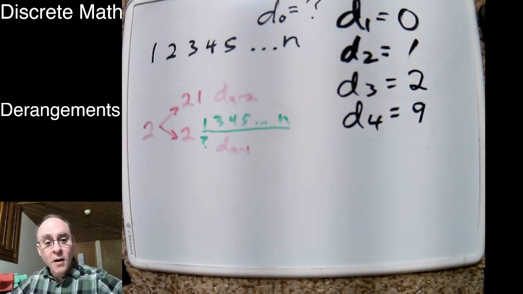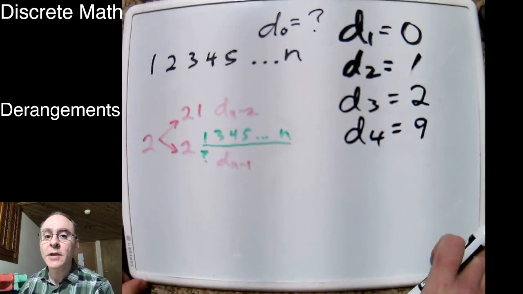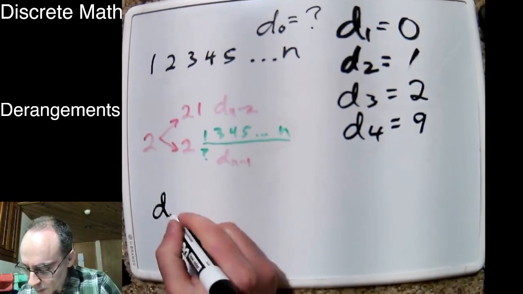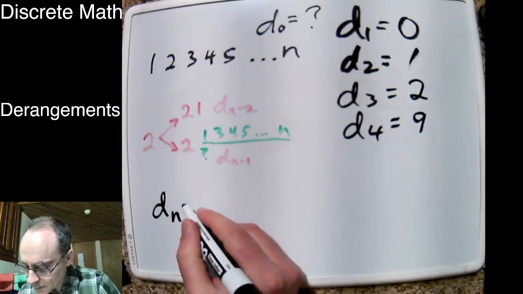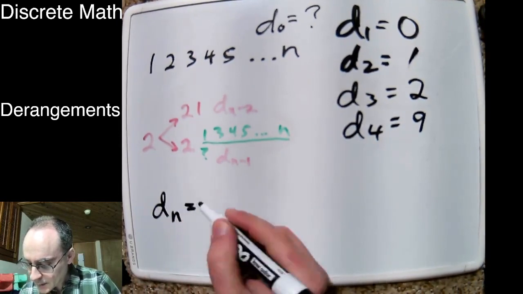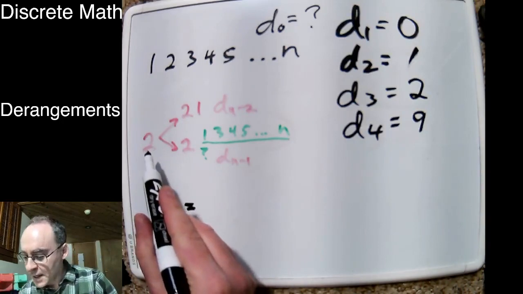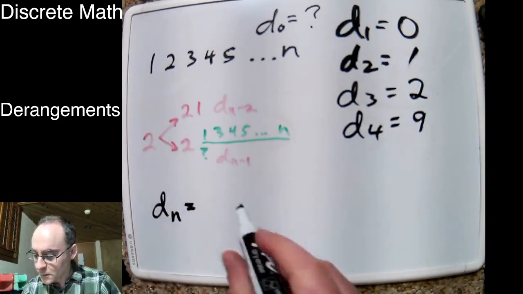And so that's the argument that I can put together to find what we can call a recurrence relation, where we can write the number of derangements of length n as equal to, remember here I just used 2 as an example, but I could have chosen anything and the rest of the argument still follows.